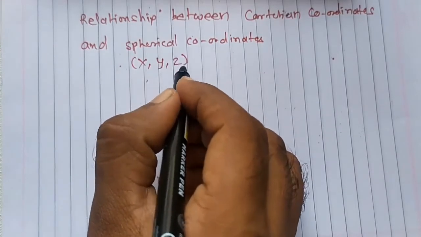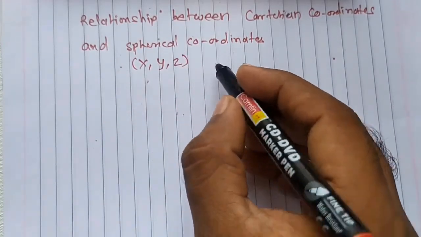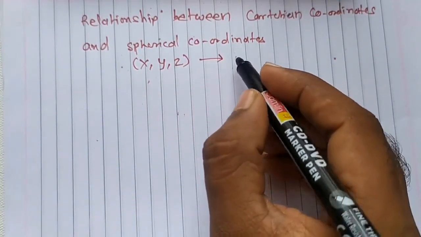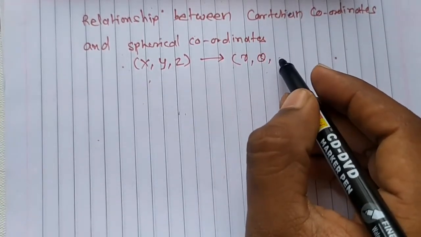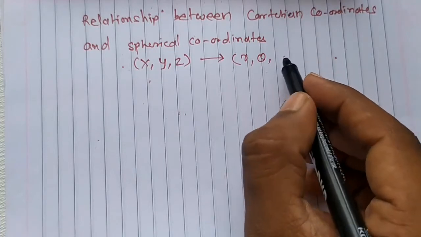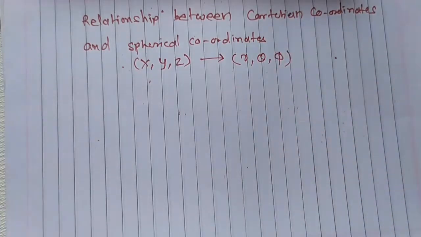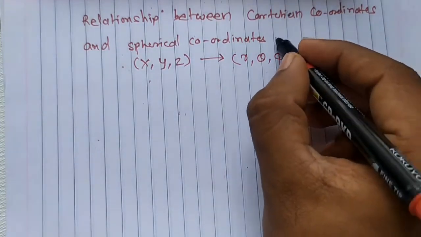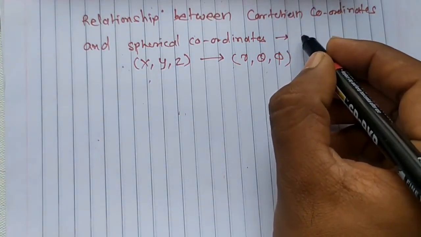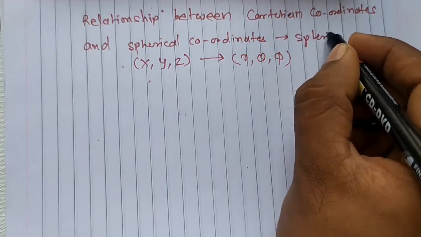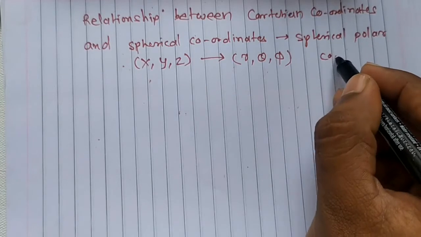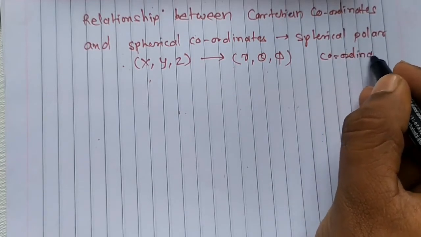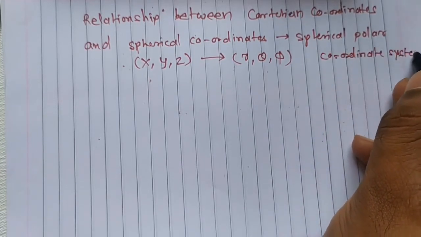X, Y, Z are Cartesian coordinates, and which are the spherical coordinates? R, theta, and phi. More particularly I should say, spherical polar coordinate system.